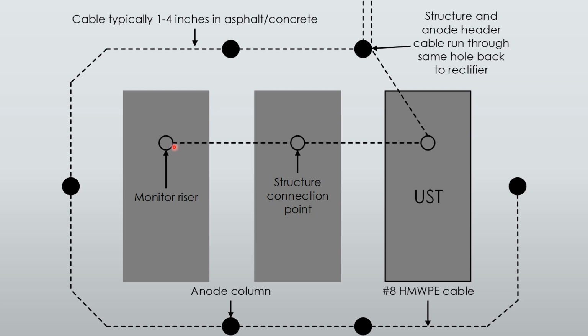So this is the top-down view of the tanks. This illustrates our structure connection, typically on the manhole riser. This is assuming the riser is continuous with the tank body. Make sure to check that if you're unsure. So we'll have our connections going across. We'll probably have a common hole at some point where our anodes are going all around our tanks.